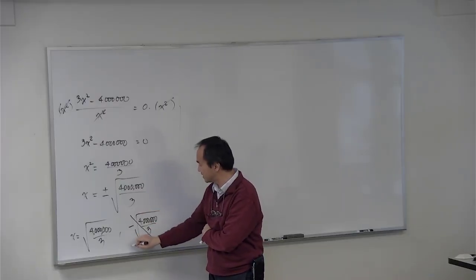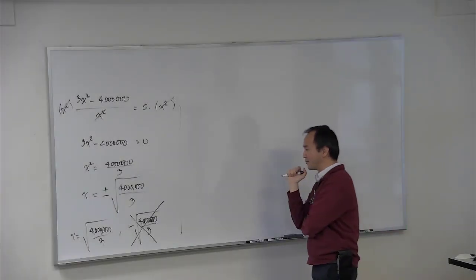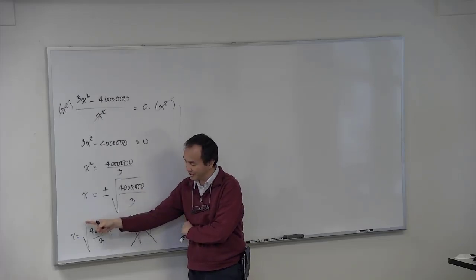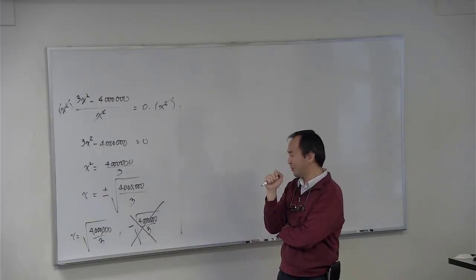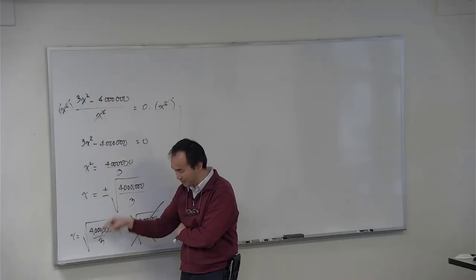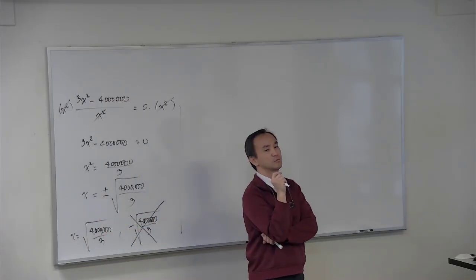So now we take away this critical value. Okay. So now critical values, out of 3, we narrow it down to there's only 1 that we can consider. And so now at this point, this critical value can give you a maximum. This critical value can also give you a minimum. Or this critical value can also give you neither a maximum nor a minimum.